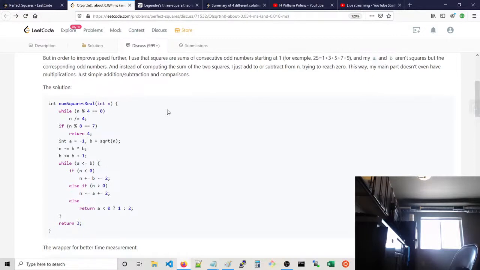If you're too small, then you would increase i. If you're too large, then you would decrease j, right? You're going to move i and j closer to each other towards the center, until, if you hit the mark, then you're in good shape.